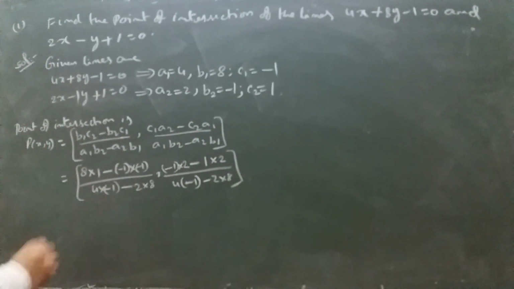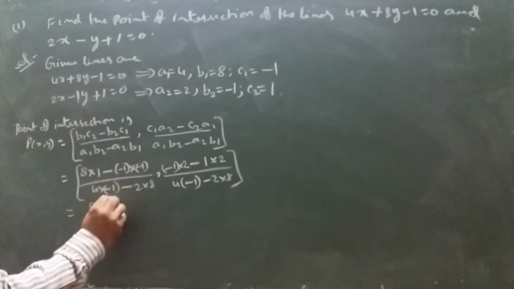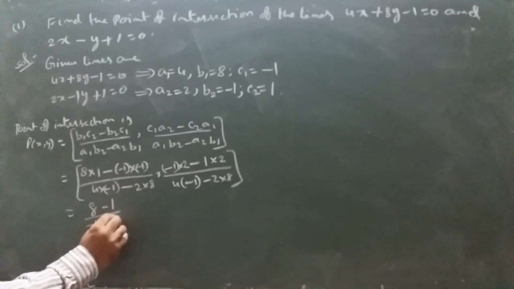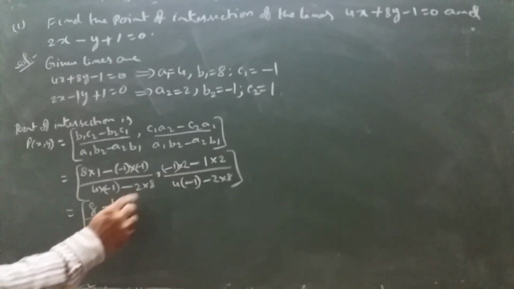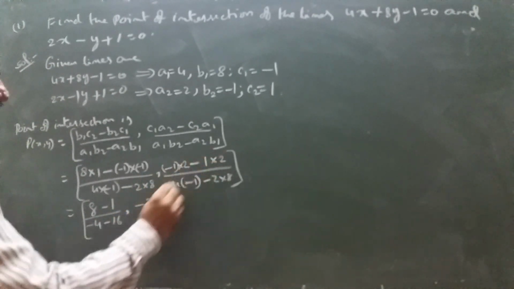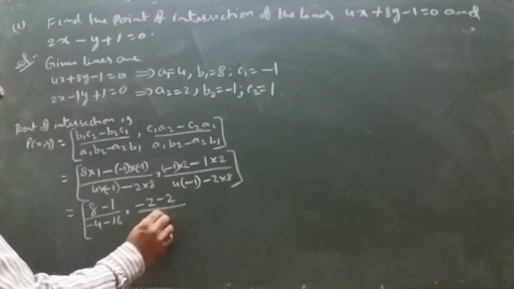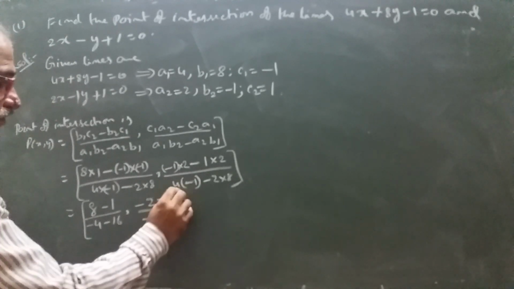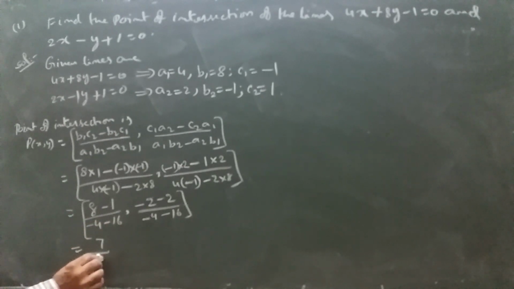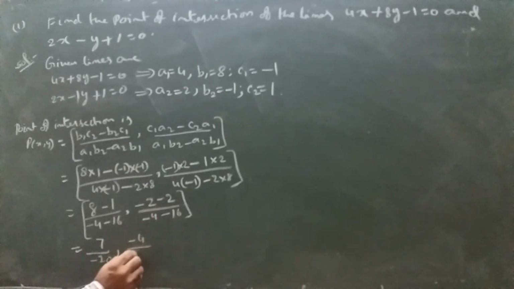By simplification, that means 8 ones are 8, minus into minus plus, plus into minus minus. 1 is 1 by 4 into minus 1 minus 4, minus 2 8s are 16, comma, minus into minus 1 into 2 is minus 2, minus 1 into 2 is minus 2 by 4 into minus 1 minus 1 minus 4 minus 2 is 16. 8 minus 1 is 7 by minus 4 minus 16, minus 20, comma, minus 2 minus 2 is minus 4 by minus 4 and minus 20.